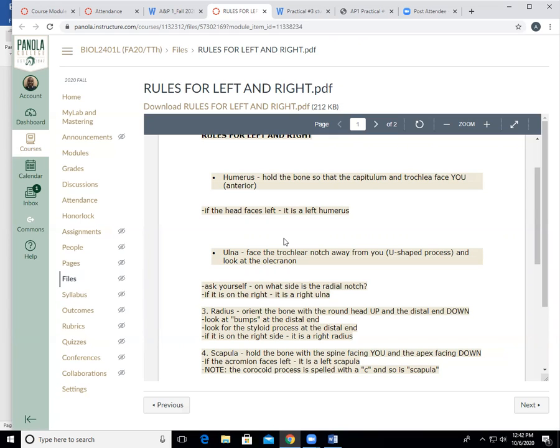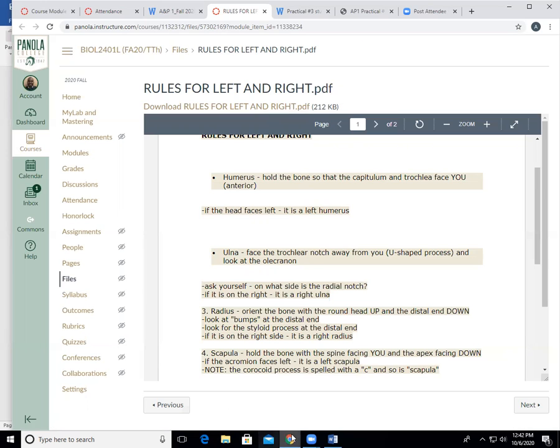Look at the bumps on the distal end, look for the styloid process. If the styloid process is on the right side, it's the right radius. Styloid process on the left side, it's the left radius. So for the ulna, you're looking for the radial notch, and for the radius, you're looking for the styloid process. Again, we're talking two questions on the practical, so don't stress out about it if it doesn't make sense.